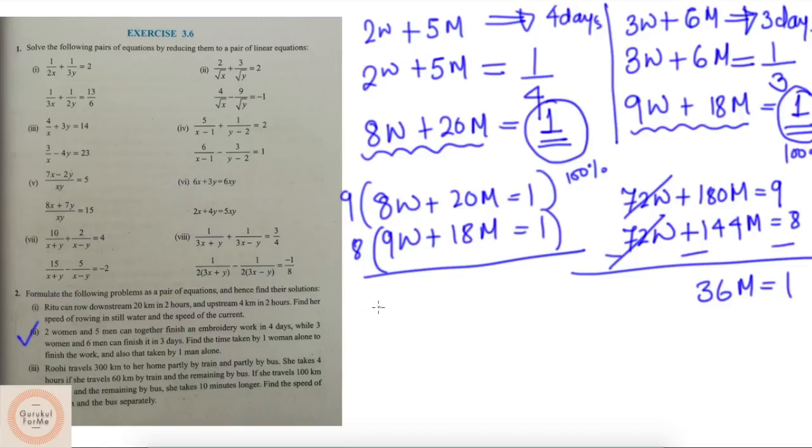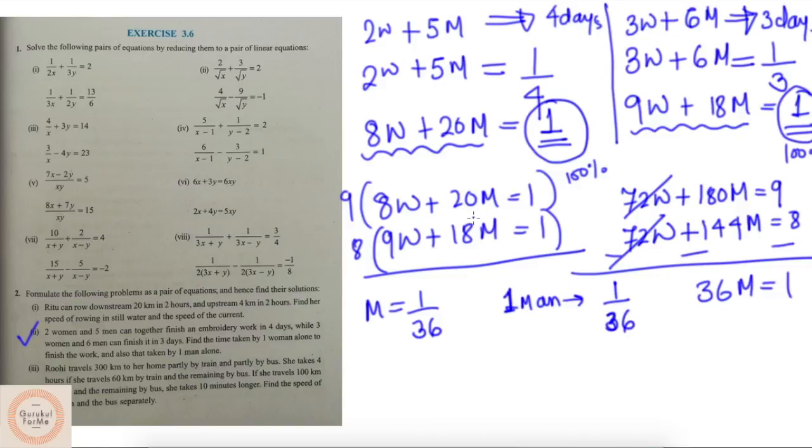Okay. What does this tell? This tells me that M is equal to 1 by 36. Which means one man can do 1/36 of the whole work in 1 day. If the work was 36 pieces of embroidery, then one man can do only 1 of them in 1 day.